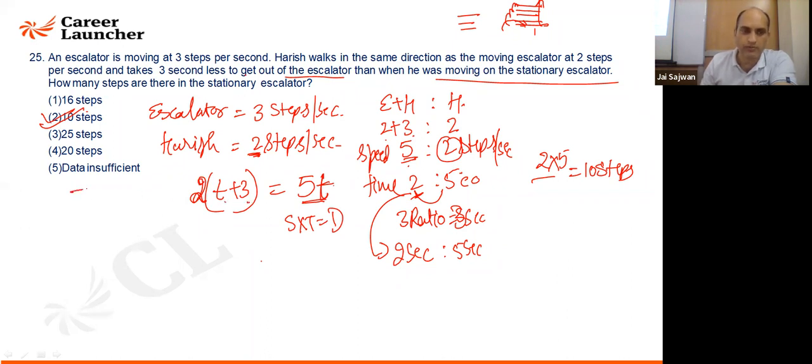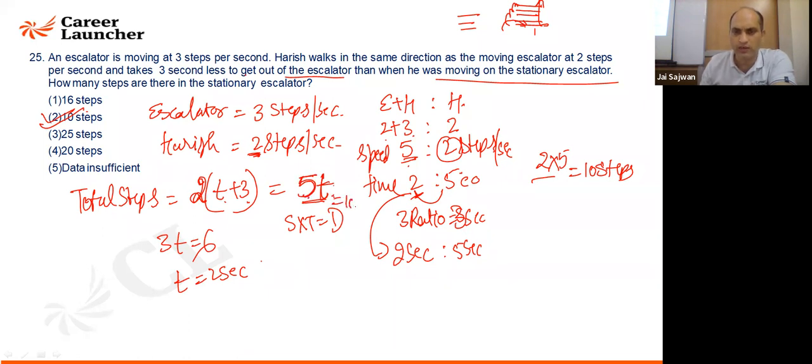So the total number of steps remains same. So I'll equate it. I'll say 3t is equal to 6t, and t comes out to be 2 seconds. So if you are going to take 2 seconds, my dear, at the rate of 5 steps per second, the steps will be 10 steps there. If you are going to take 5 seconds at the rate of 2 steps per second, I'll say the 10 steps are there. Is that fine?